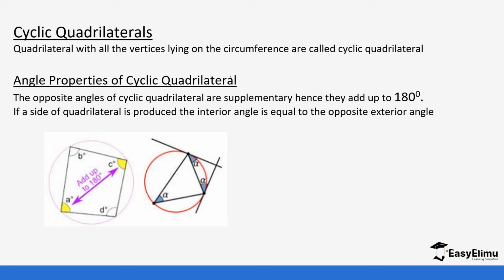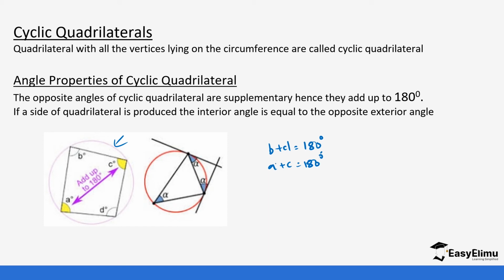So when you look at the first property, we have been given this example where we have angles A, B, C, and D of this cyclic quadrilateral. If you take B and D and add them together, you get 180 degrees. If you add A and C, you get 180 degrees.